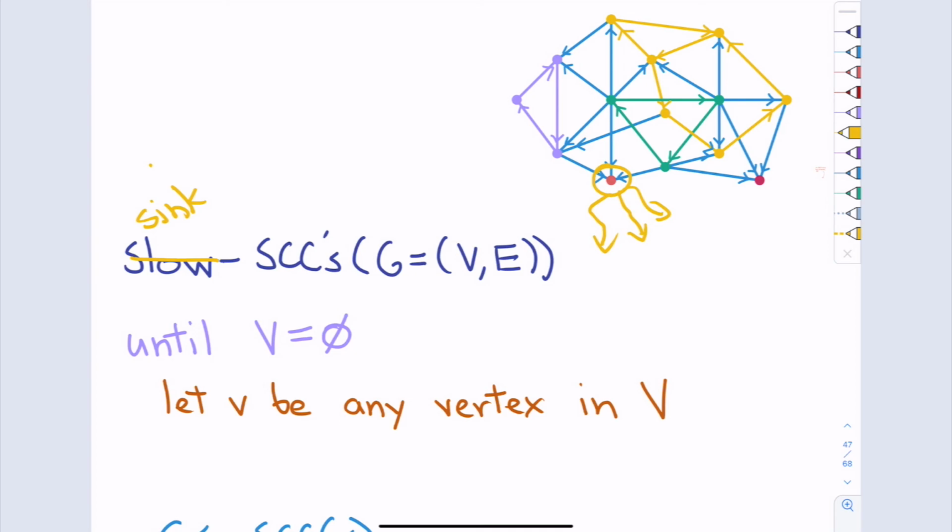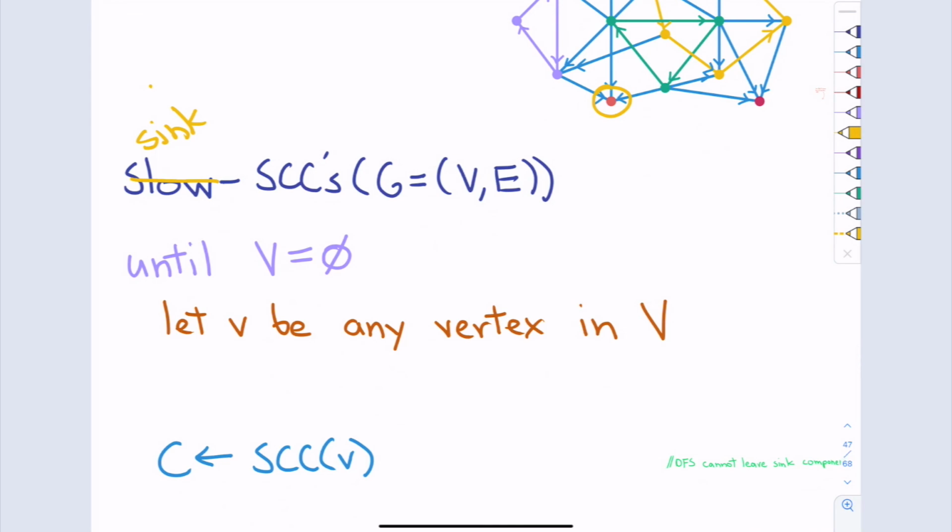Because if I did that, I could eliminate this vertex, right? So first of all, if I had picked a vertex in a sink component, to obtain the strongly connected component, I would only have to run DFS once from that vertex. Anyone it can reach, it's in the sink component. You don't know it's in the sink component, but let's pretend.